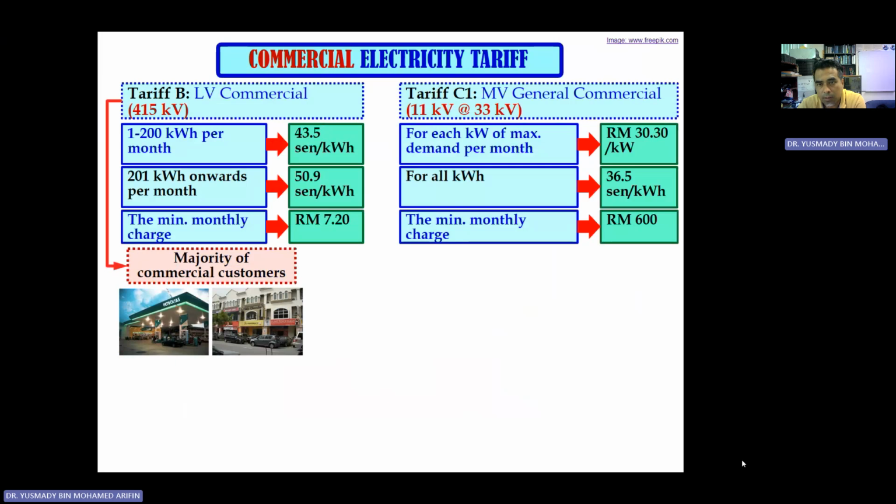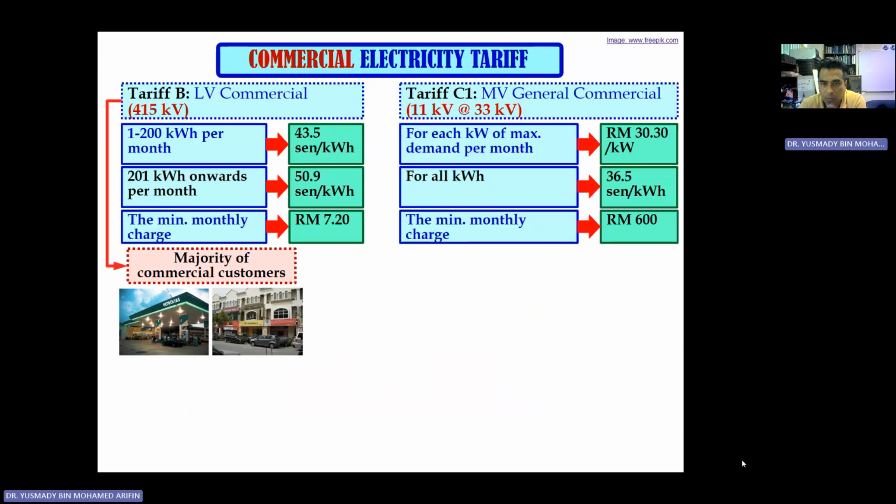Okay, tariff C1 refers to medium voltage for general commercial, at 11 kilovolt and also 33 kilovolt.